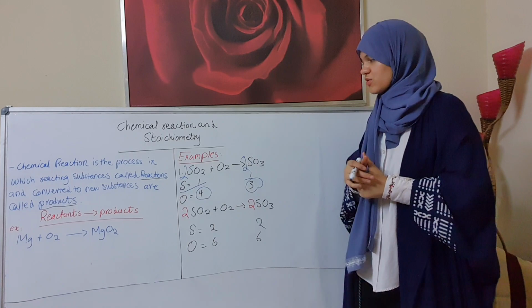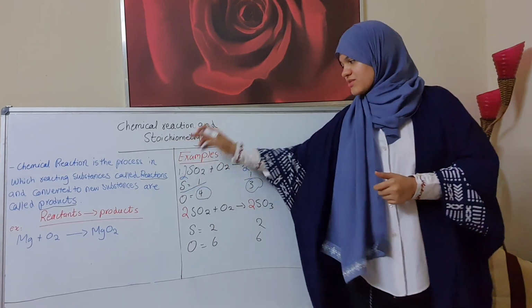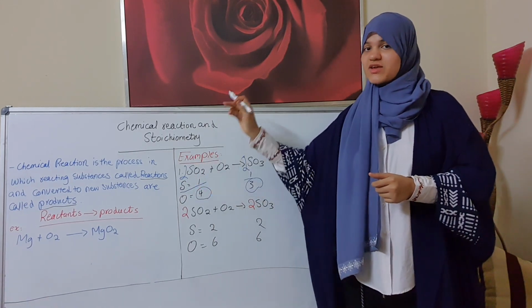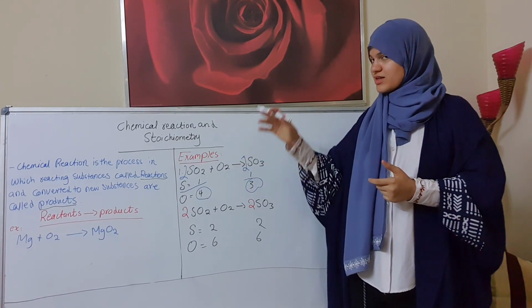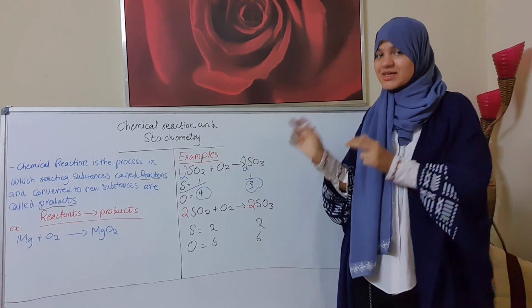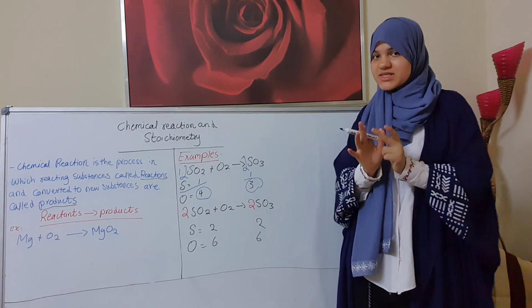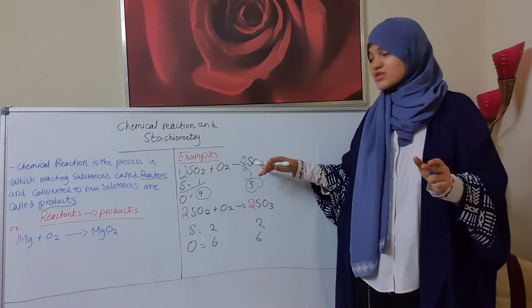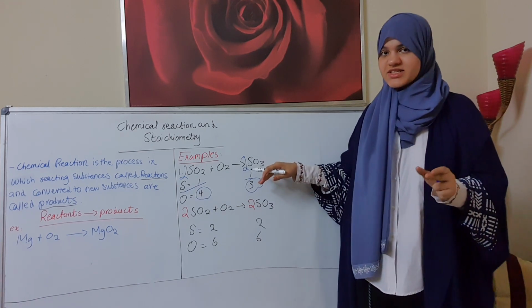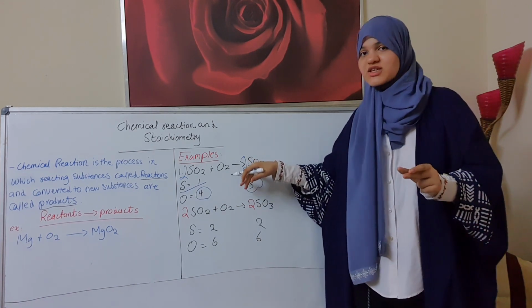But in oxygen here, 2 times 2 we have 4. Then 4 plus 2 will be 6. So oxygen in the reactants will be 6 oxygen. But in products we have here 3 only, 3 oxygen, and in the coefficient 2.